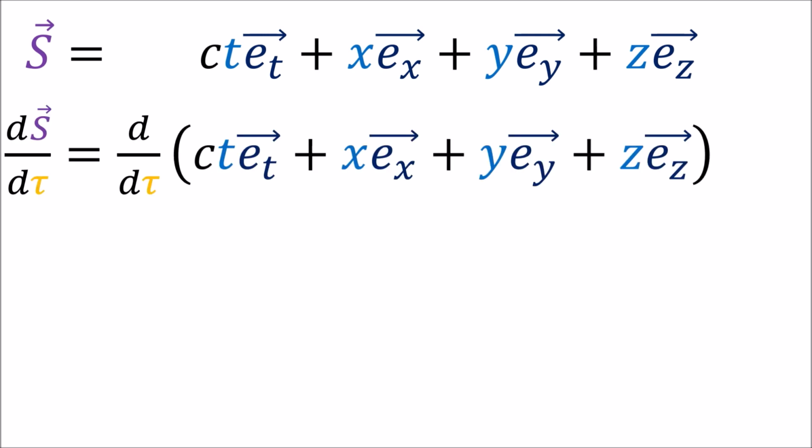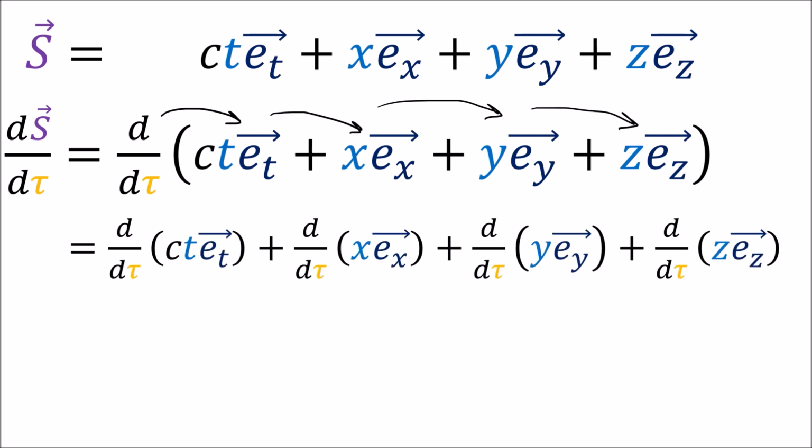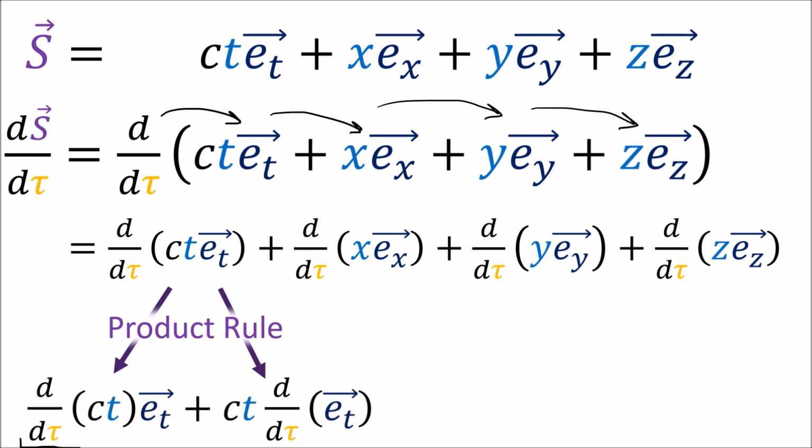Since we have the derivative of a sum of terms, we can just give the derivative operator to each individual term. Now normally, we would take one of these 4 derivatives and do product rule with it, getting a term with the derivative of the components plus a term with the derivative of the basis vector.